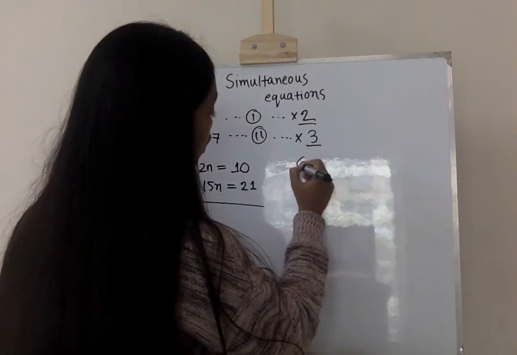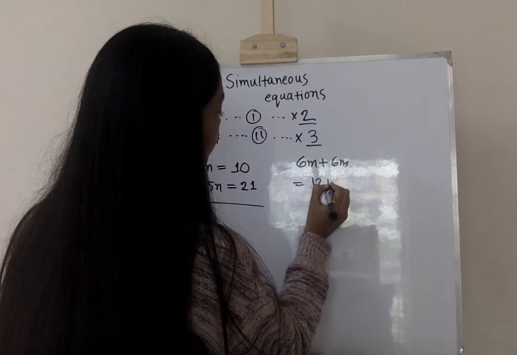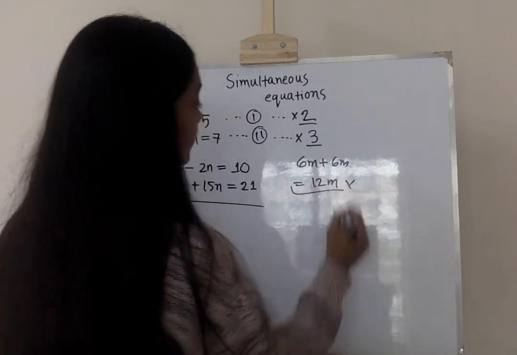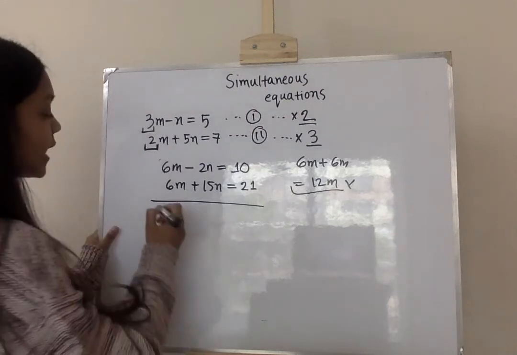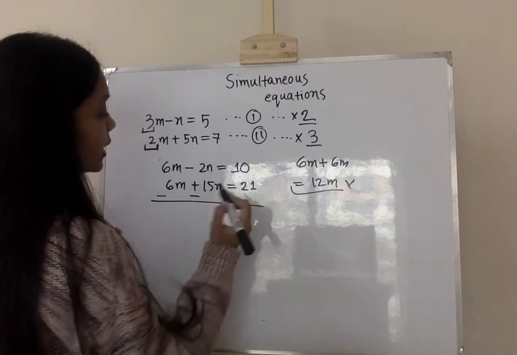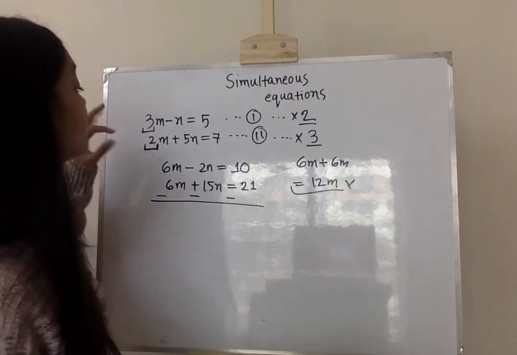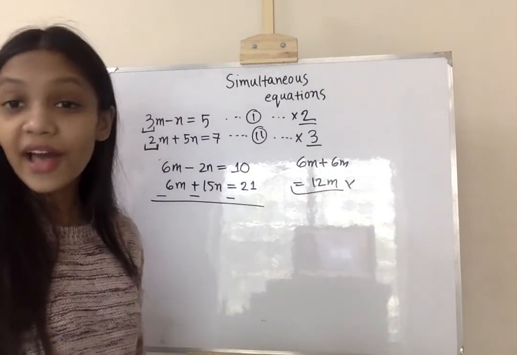What happens when we don't change the signs? 6m plus 6m is equal to 12m. We do not cancel a variable. So what we have to do is change the signs. Remember just how we can multiply an entire equation by a number and it does not change the value.